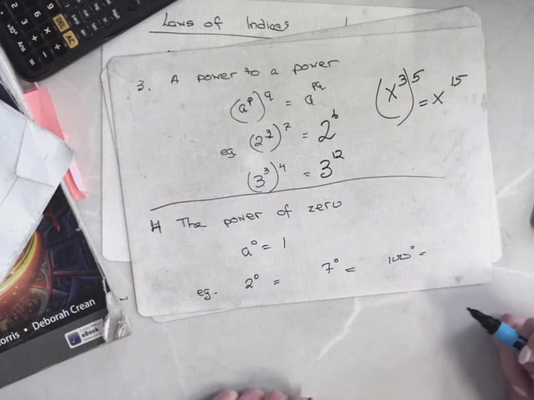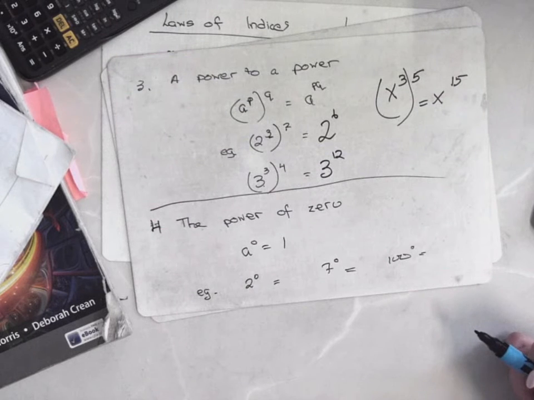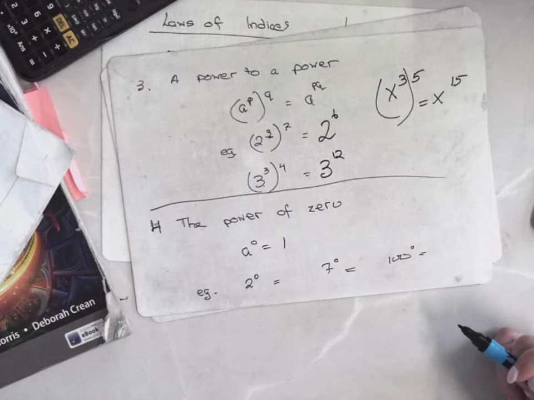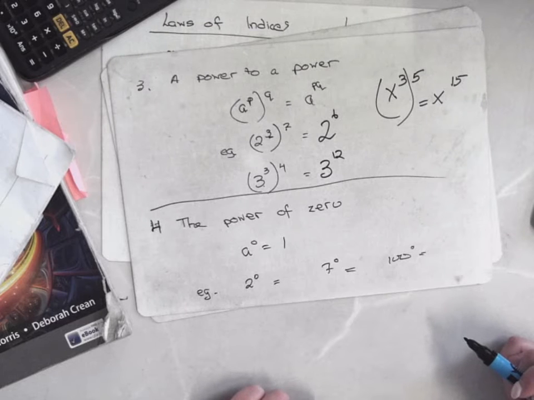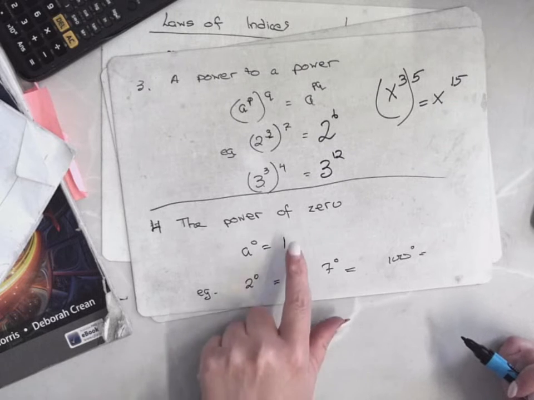So if you write it down, then I'll talk about it. So anything to the power of 0 is 1, right?